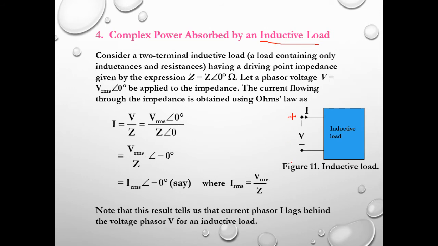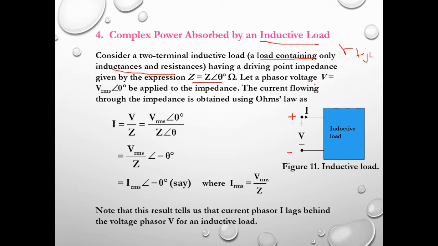What is the meaning of inductive load? A load containing only inductance and resistance, so we have R plus jX, for example. It has a driving point impedance given by Z equals Z angle theta degrees ohms.